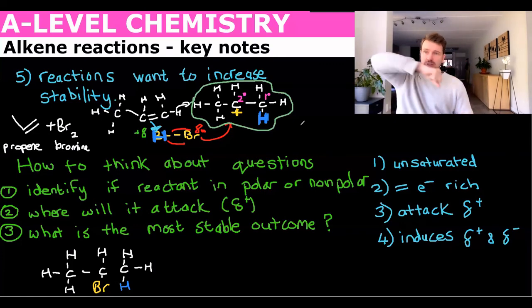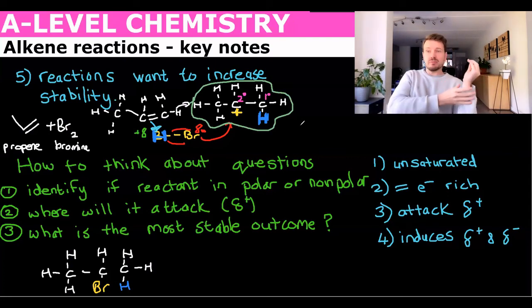So it first takes the H, the positive side, and then the other positive takes the negative side. And so we see that's happened with the HBr. Step one was it took the hydrogen because that was positive. And so we had the secondary alkyl carbon over here, now primed to take the negative bromine.